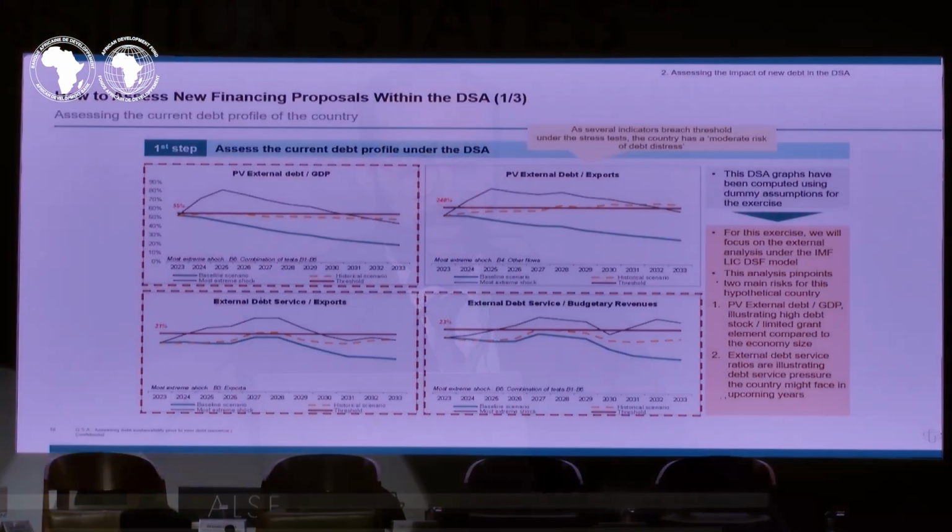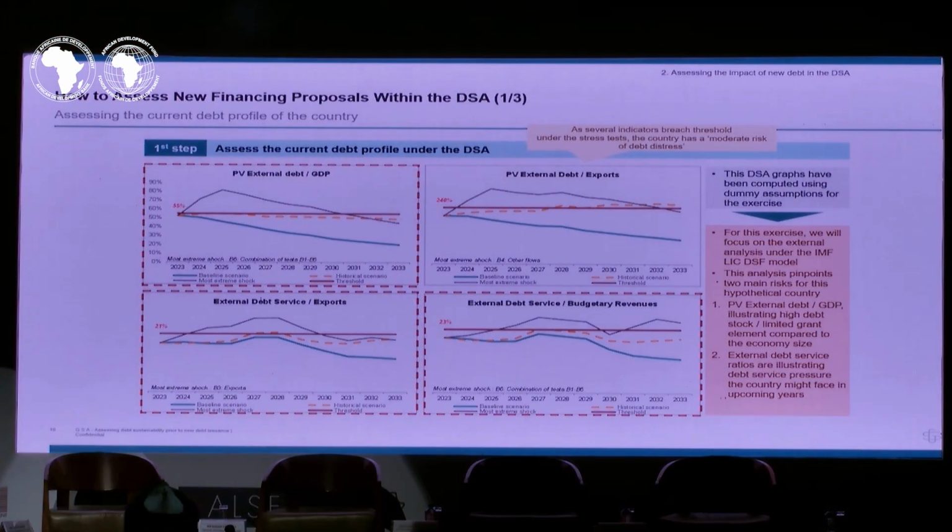In the methodology that we are proposing, we have different steps to analyze it. The first step, on this slide, is that you need to assess the current debt profile of your DSA. In this example, we have a country that is presenting these external debt indicators. And from what we are seeing here, this country is facing both solvency and liquidity pressures.